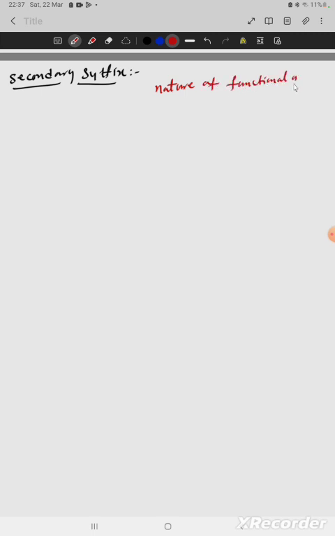This one is the secondary suffix. The secondary suffix indicates the nature of the functional group, which is added after the primary suffix.